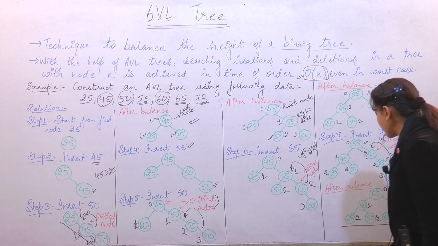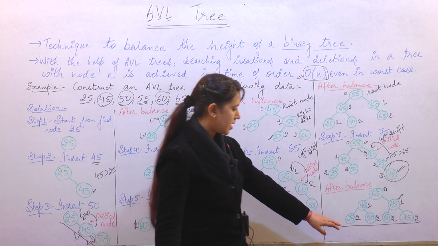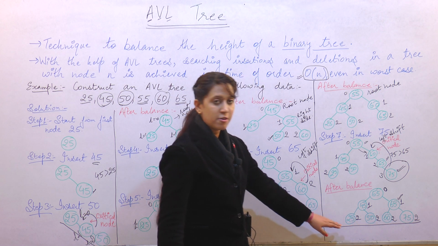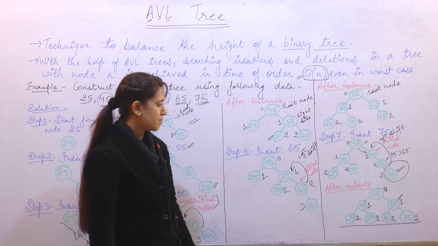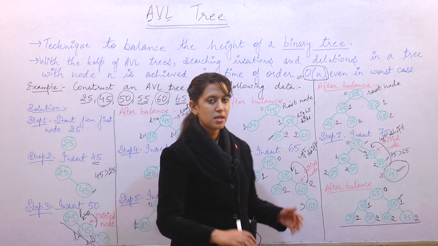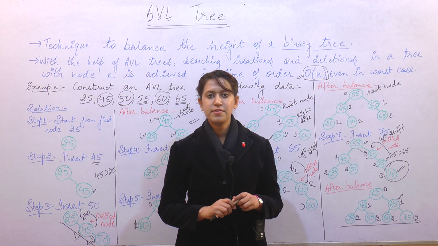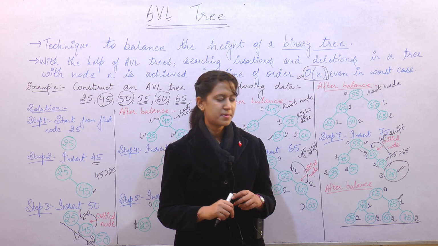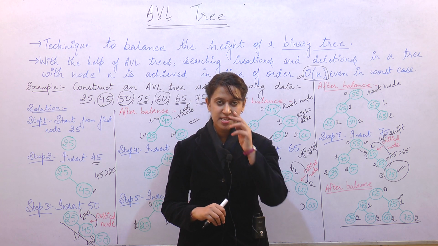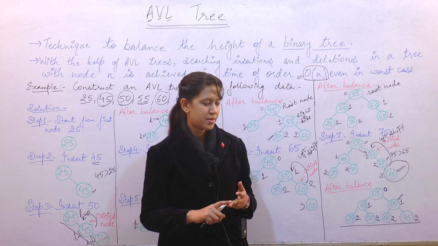Now all the nodes are at their proper places and fulfilling the proper conditions of a binary tree. Proper conditions of binary tree means a binary tree should always contain nodes which can have at most 2 subtrees. At most 2 subtrees means either no subtree or 1 subtree or 2 subtrees.